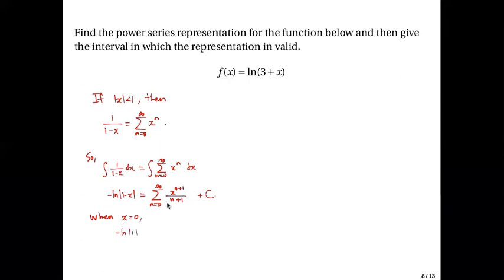And notice that when x equals 0, all of these terms are 0. Take note that this does not have any constant term. So on the right hand side, you'll just have c. But this implies c equals 0. So basically, you have ln absolute value of 1 minus x equal to negative sum of x to the n plus 1 over n plus 1, from 0 to plus infinity.